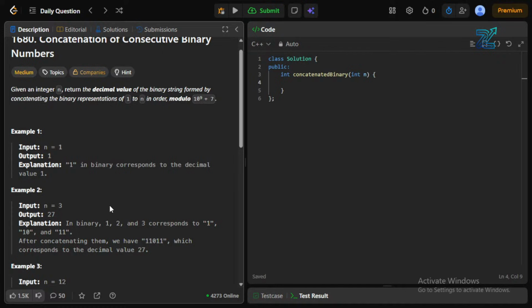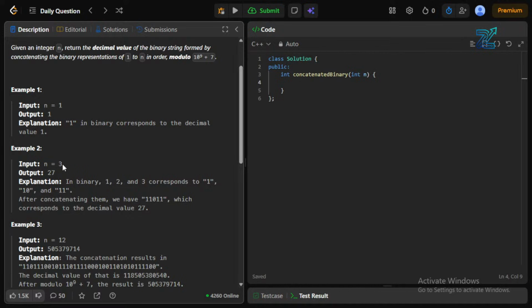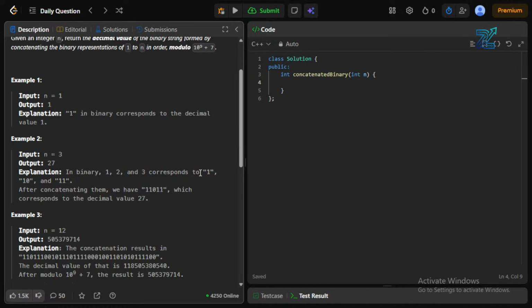Now if you see the second example, that is n equal to 3, the binary representations are from 1 to 3. For 1, the binary representation is 1. For 2, the binary representation is 10, that means 1, 0. For 3, the binary representation is 11.